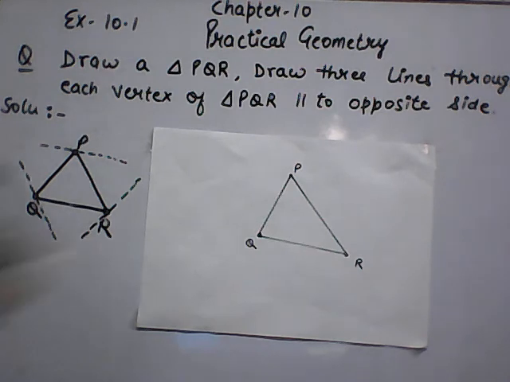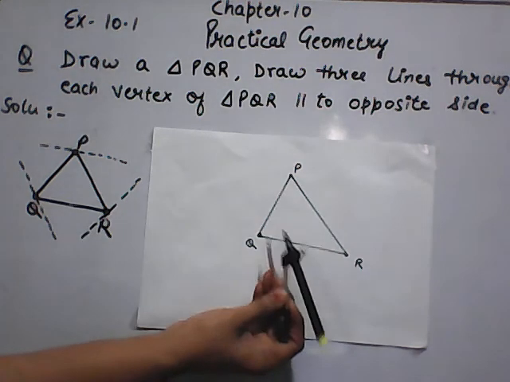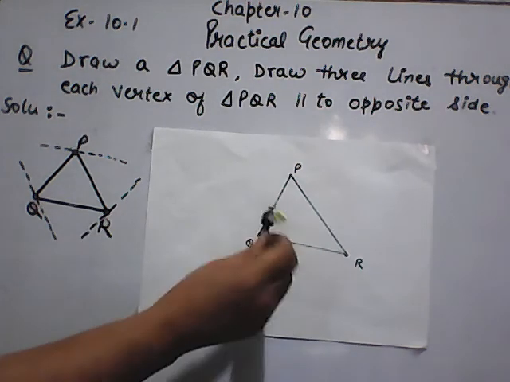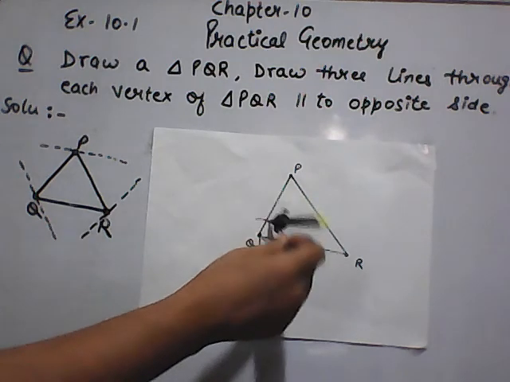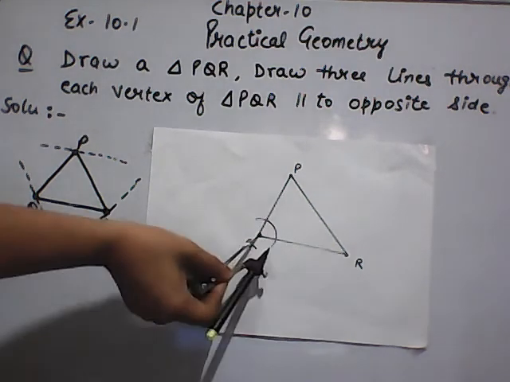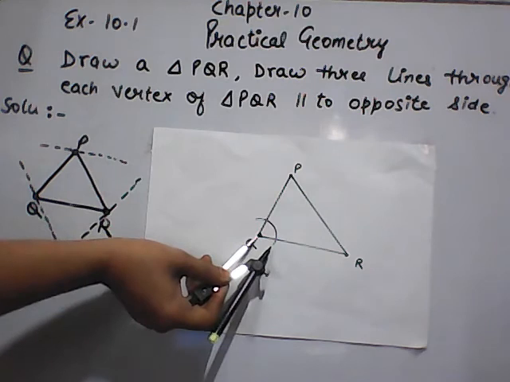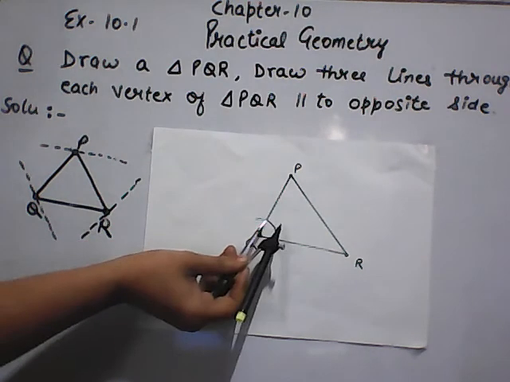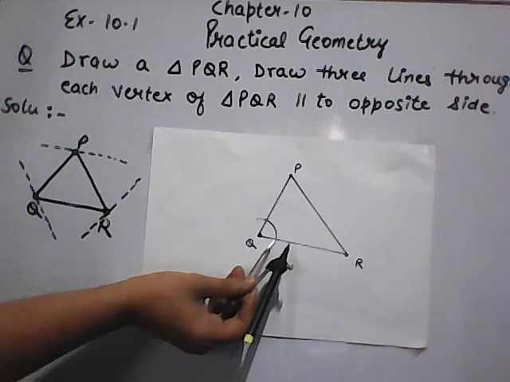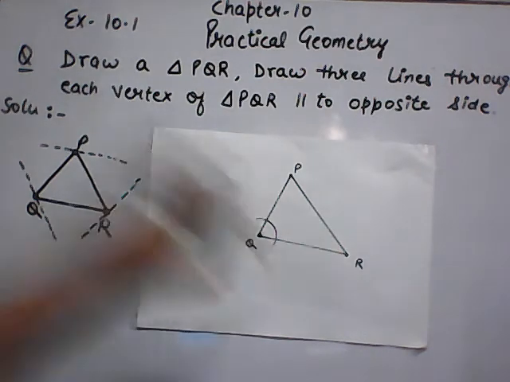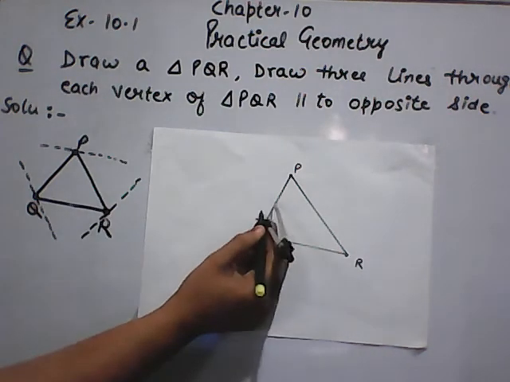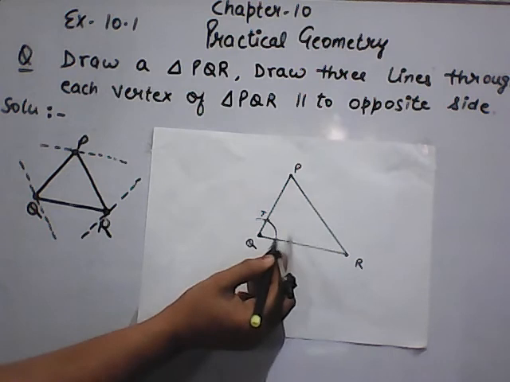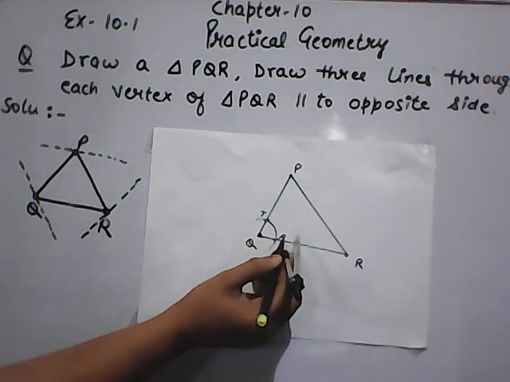Now, with a convenient radius, you have to draw an arc in this way that cuts PQ at point T and QR at point B.